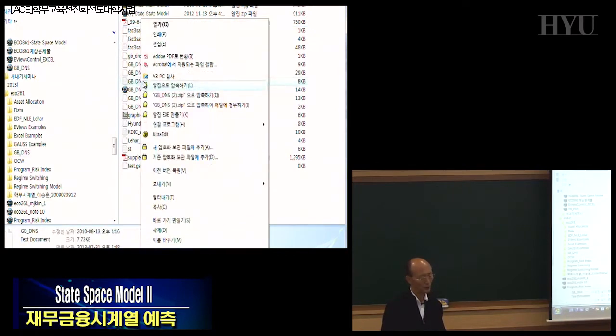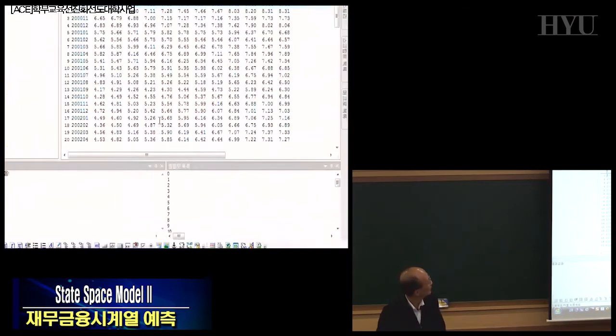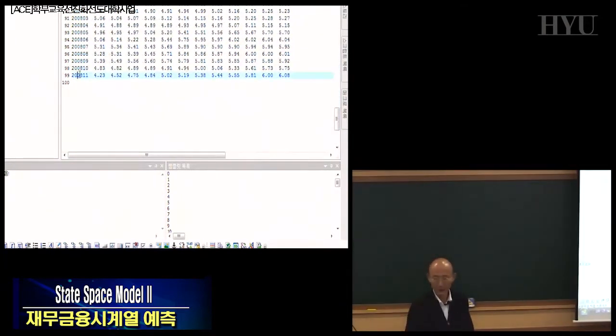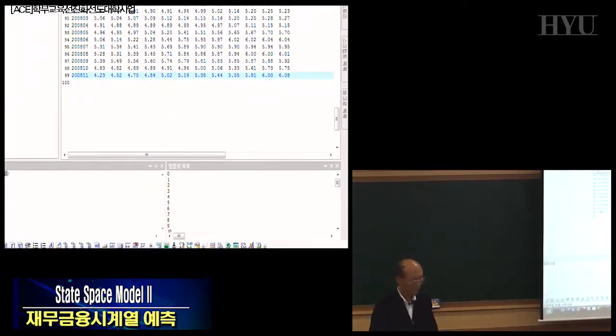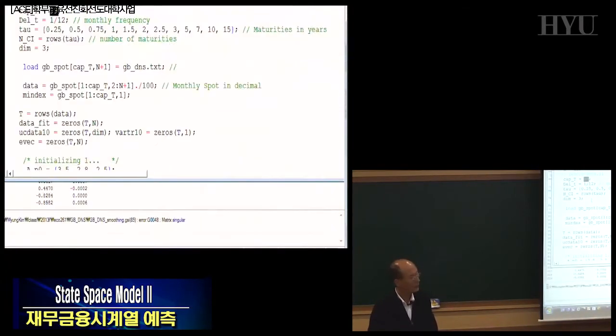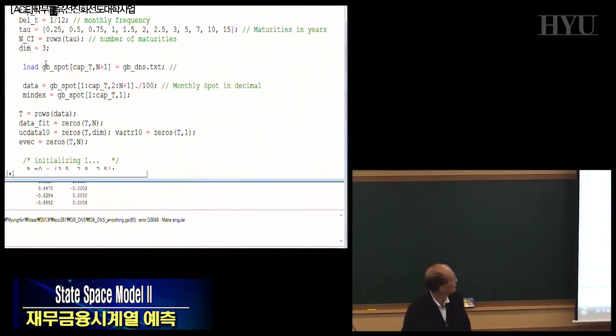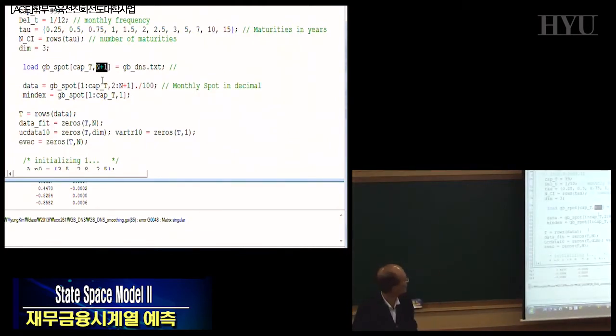It has 12 maturities, but the first column is the time index, and it goes all the way down to 99. So you are reading this text file, which has dimension 99 by 13, including the time index.